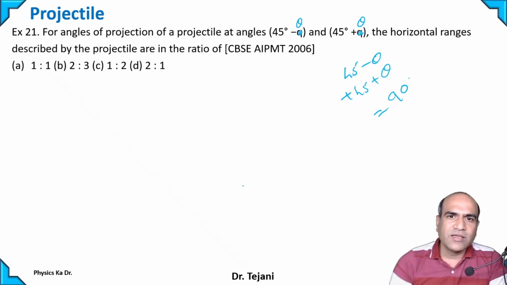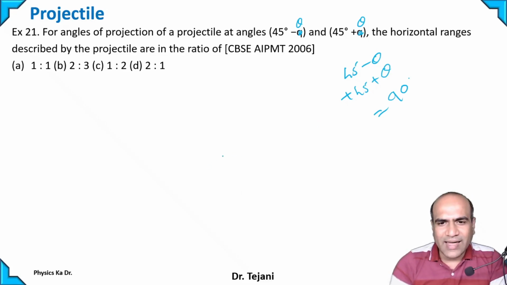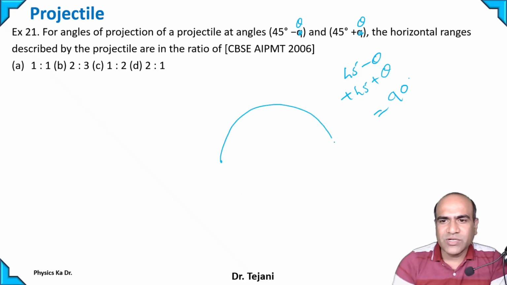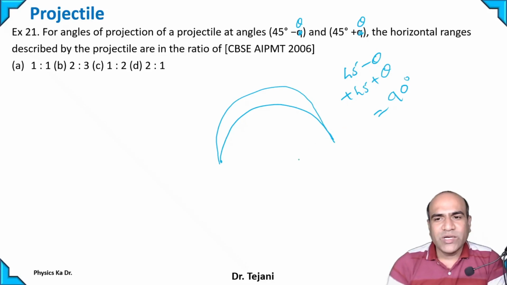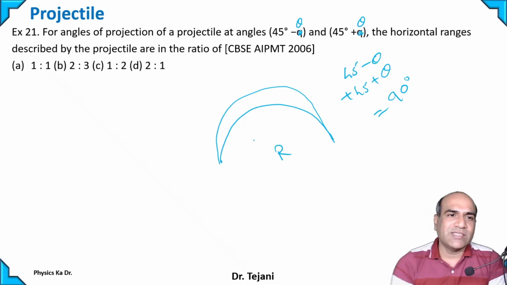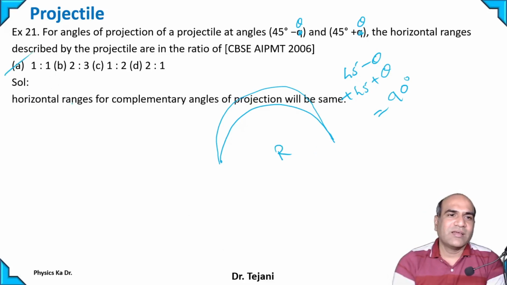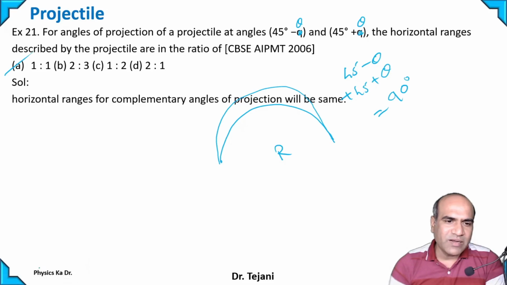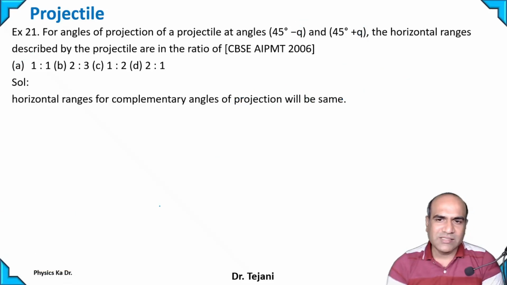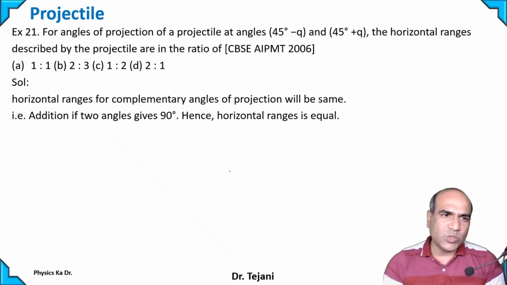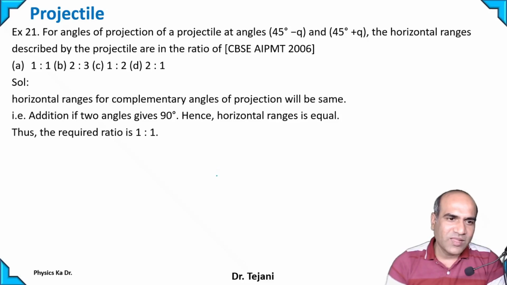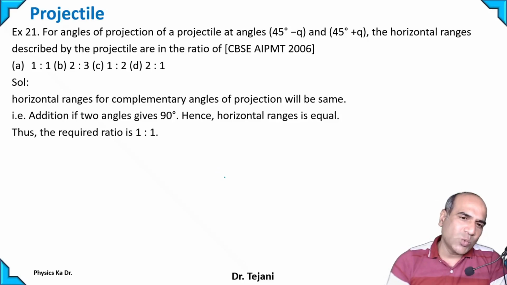One body starts at an angle 45 minus theta, another body travels at 45 plus theta. The total angle is 90, so the range is always equal. Horizontal ranges of complementary angles, that means the addition of the two angles gives 90 degrees, hence the horizontal range is equal. Thus the required ratio is 1:1.